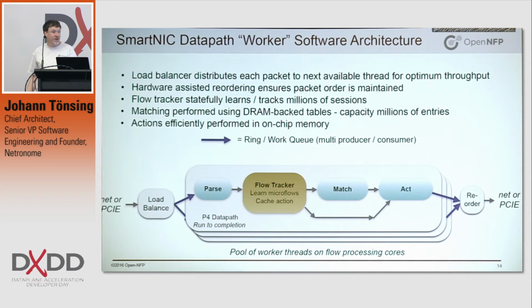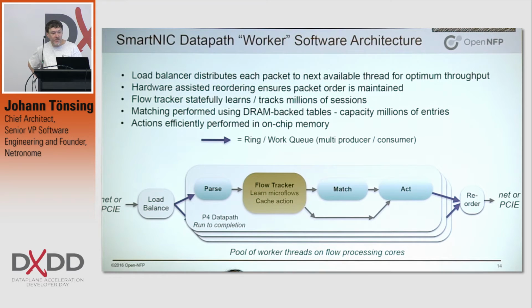So there's an actual hardware reordering engine in these systems to maintain the original packet order. And the style of programming then is, to your question, run to completion. You just say what you want done to one packet. And the system will take care of repeating that for all the traffic that comes in.